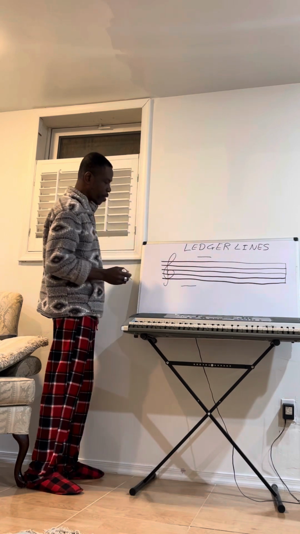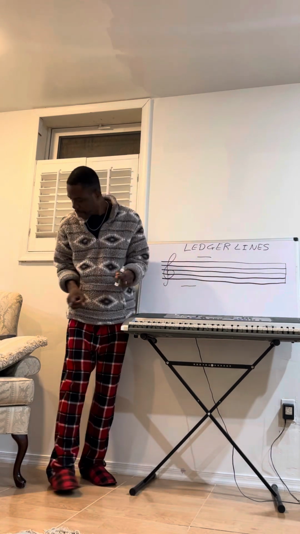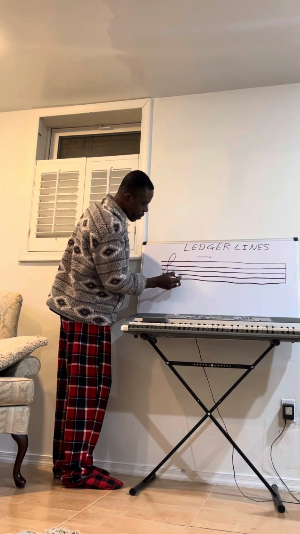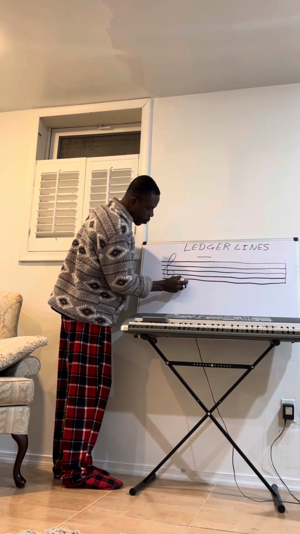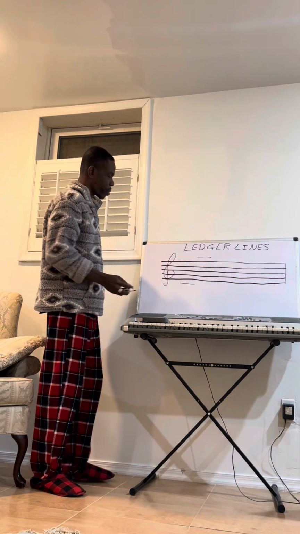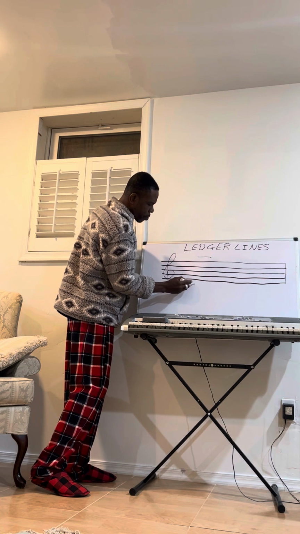And we try to ensure that the space is the same, corresponding with the spaces on the staff. Imagine it's one of the 10 lines that we took out, we put it back, but it's shorter, so that you can identify what note it is much easier.